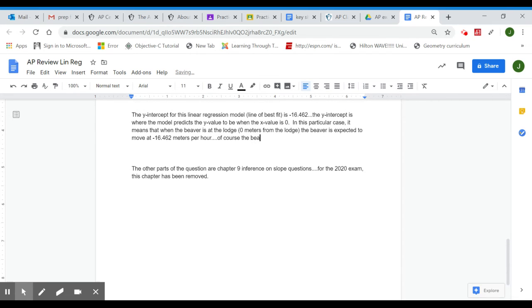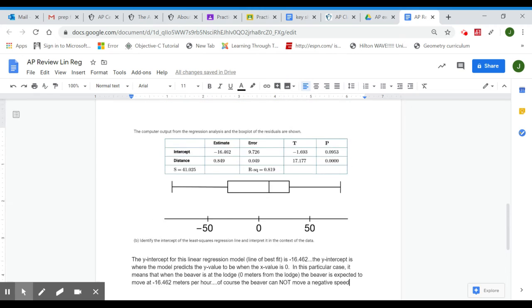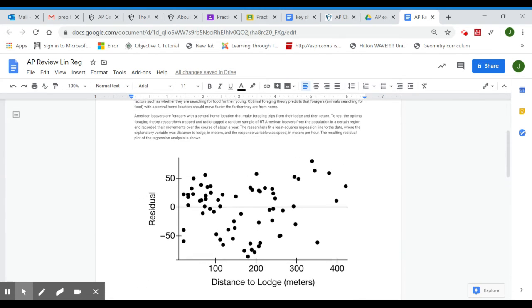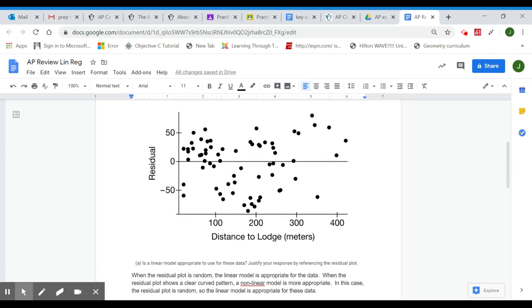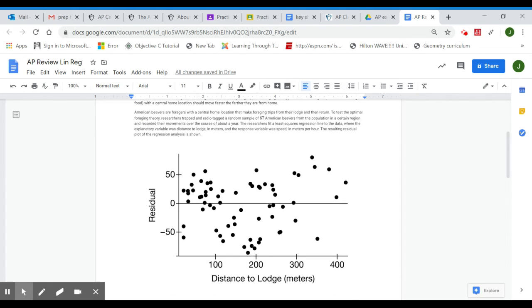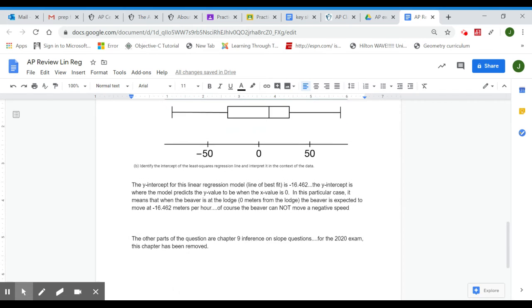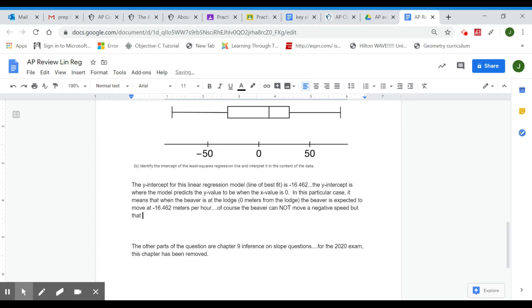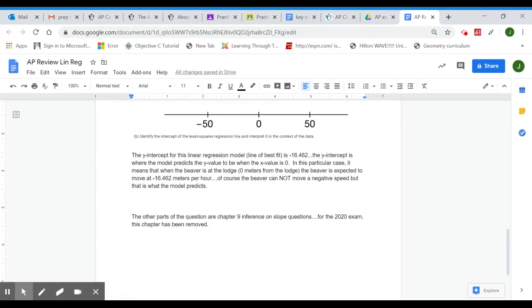Of course, the beaver cannot move at a negative speed. Interesting. But that is what the model predicts.